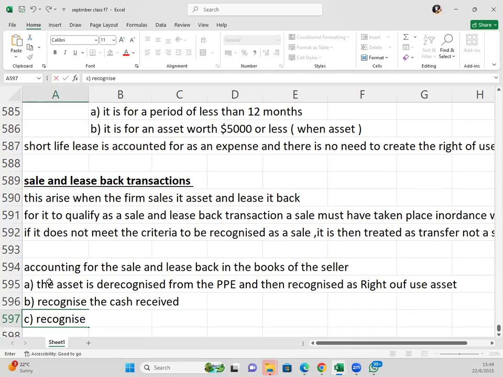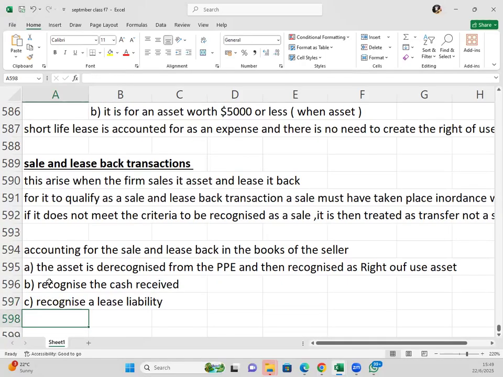It means now we have to create a lease liability based on the lease rentals we are going to be paying.